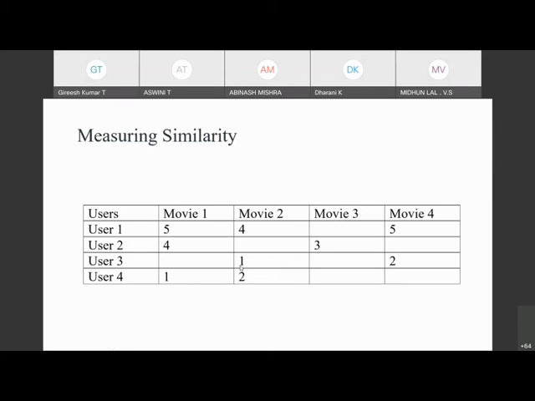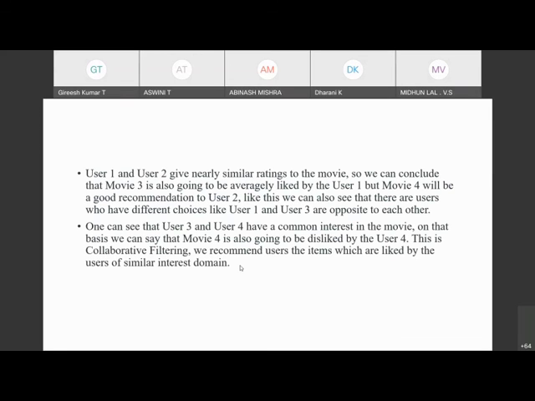So here, what can we infer? User 1 and user 2 give nearly similar ratings to the movies. So we can conclude that movie 3 is also going to be averagely liked by user 1, but movie 4 will be a good recommendation for user 2.